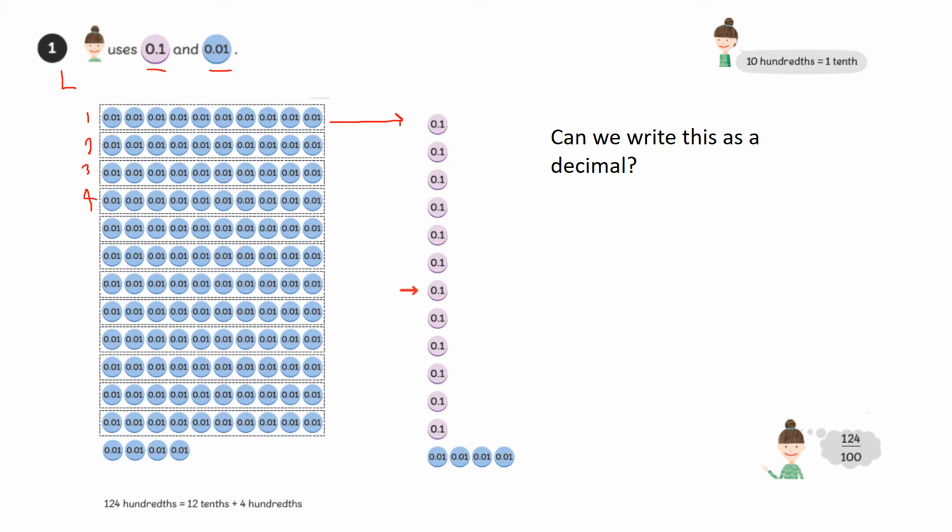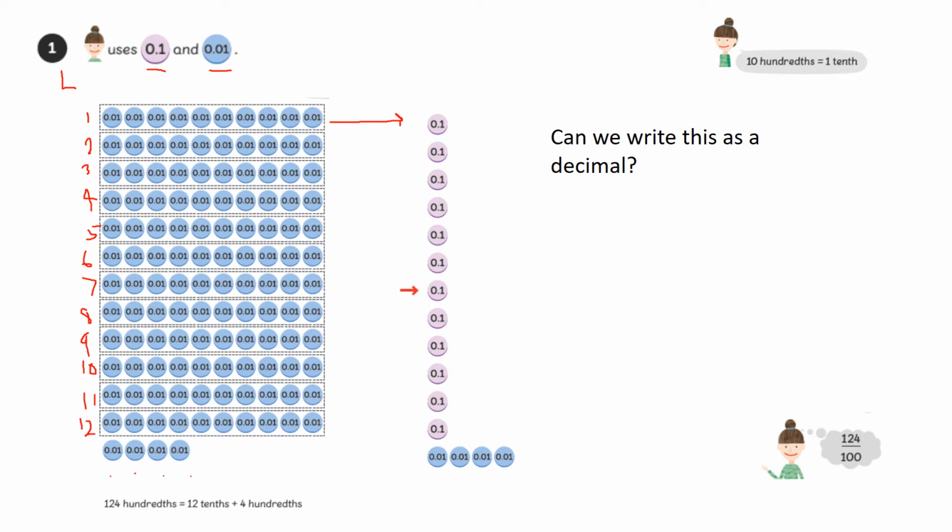So we've got 1, 2, 3, 4, 5, 6, sorry, it's taking a while guys, 7, 8, 9, 10, 11 and 12 rows of those hundredths counters, and then Lola's decided to regroup those and make them into tenths counters. Oh, and we can't forget these little guys down here, the remaining hundredths counters.